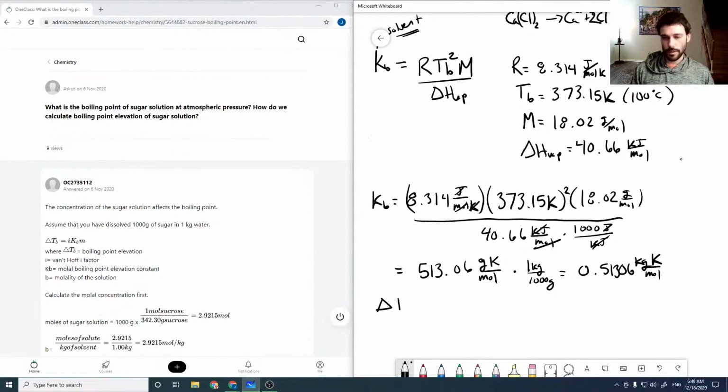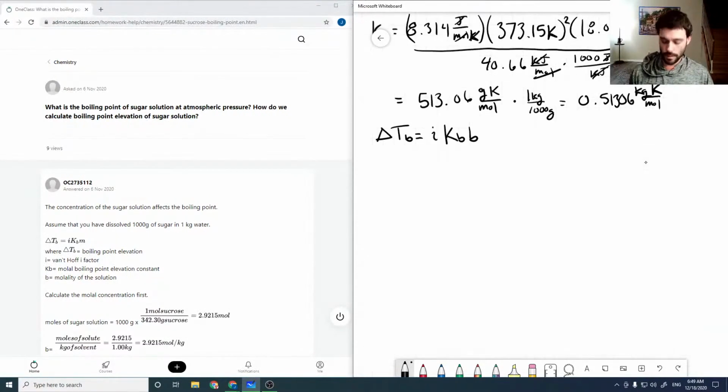So our delta TB is going to be, so just rewriting it, i Kb b, which is just 1 times 0.51306 kilogram Kelvin per mole times b.